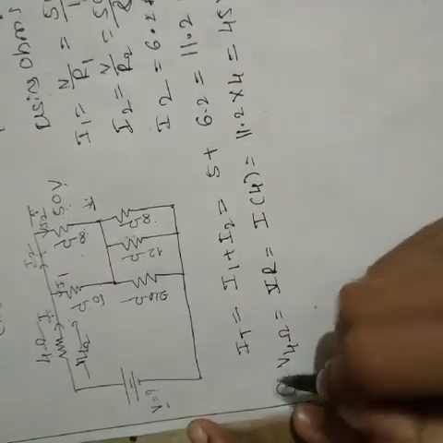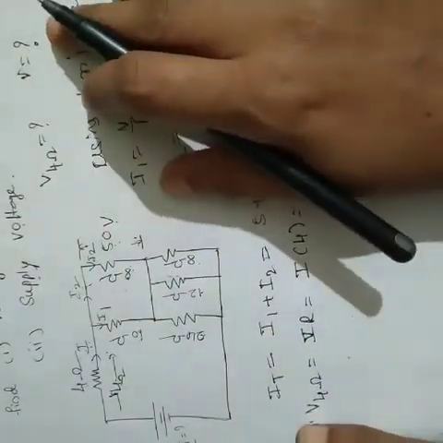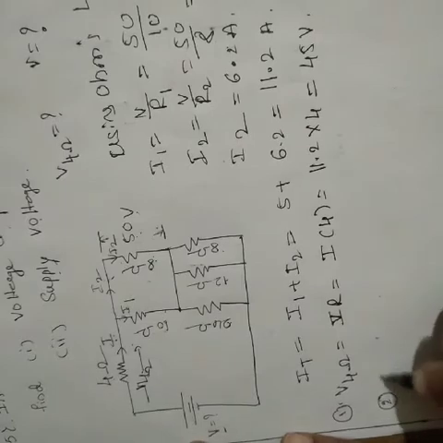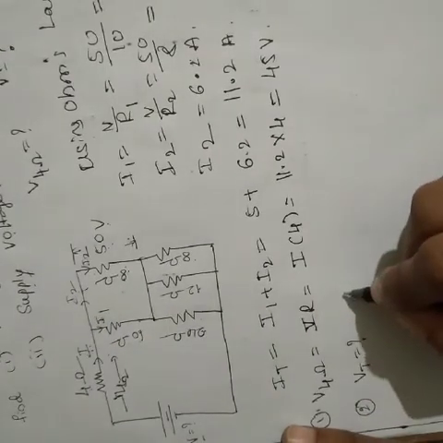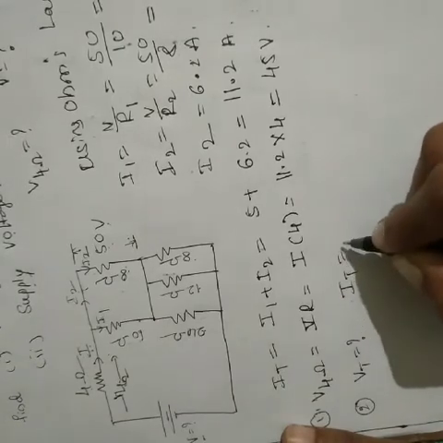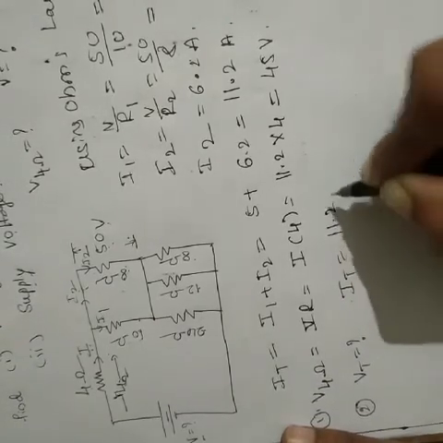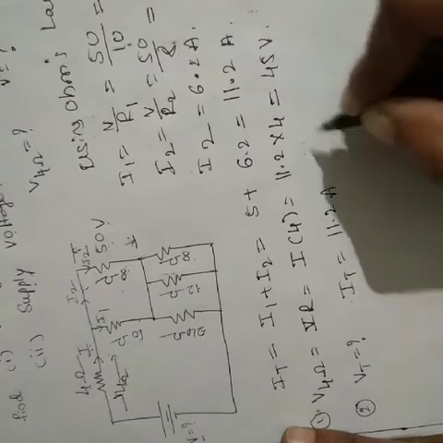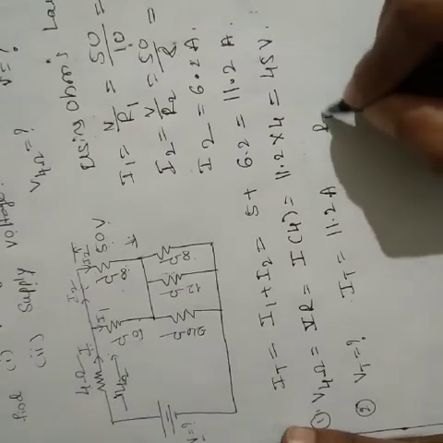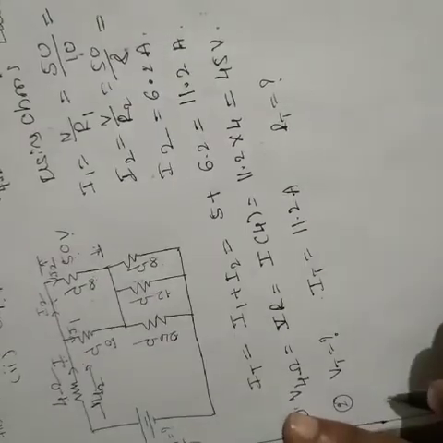This is your first answer. Then find the supply voltage. For supply voltage, Vt is equal to question mark. Therefore, total current is given. This is 11.2 ampere. Then total resistance is unknown. First you find total resistance.